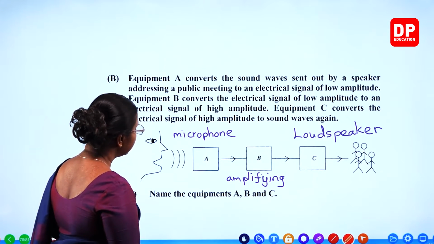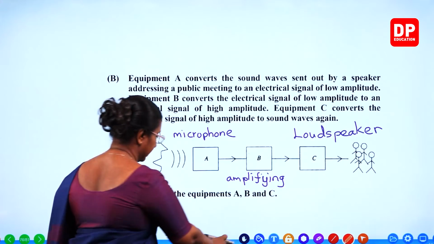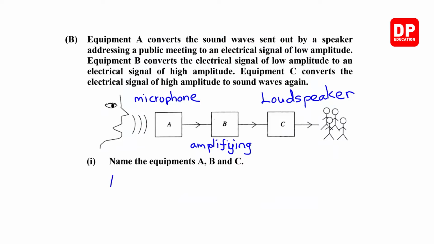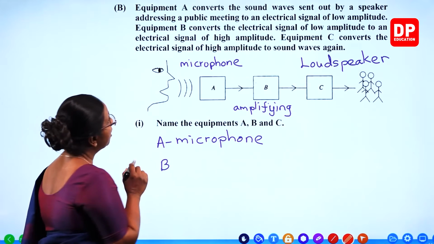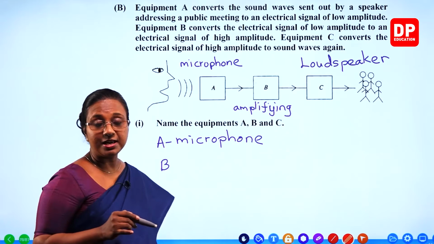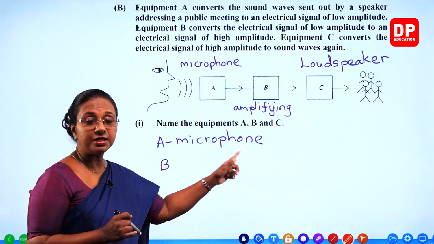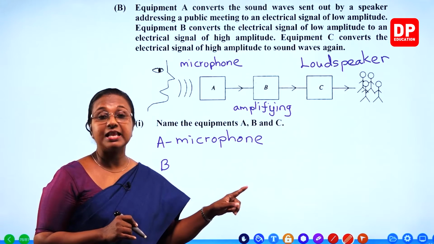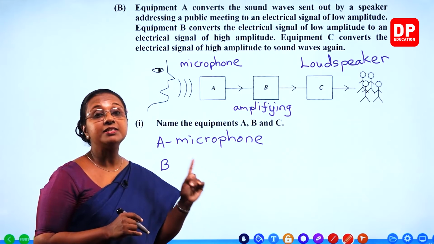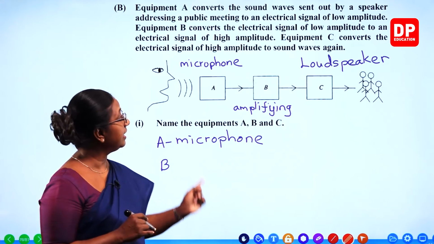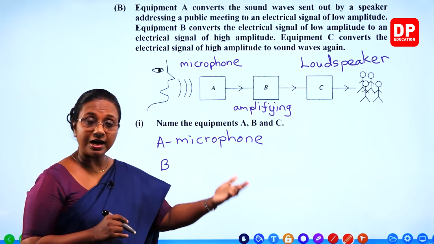Then the first one, name the equipments A, B and C. So I have already written it, but if we rewrite it again, A is the microphone. Now B here, students, I said it is the amplifying process. Initially the microphone has converted the sound waves to electrical signals. Then what is being amplified? It is the electrical signal that is going to be amplified, from low amplitude to high amplitude.